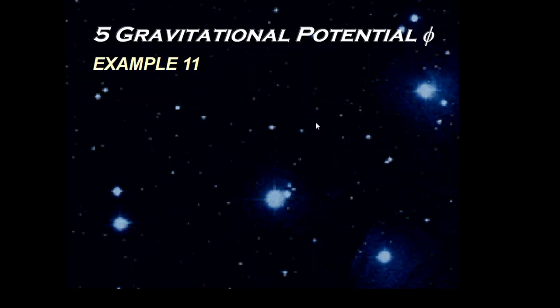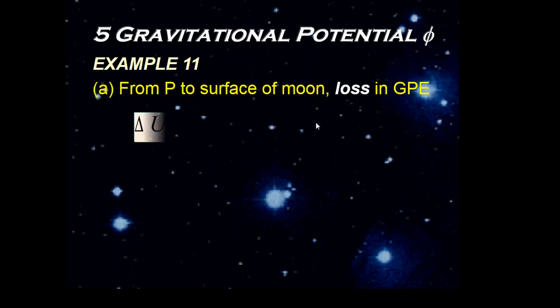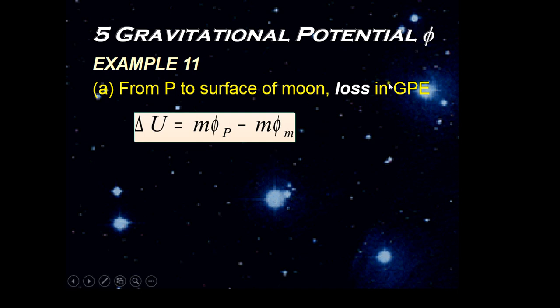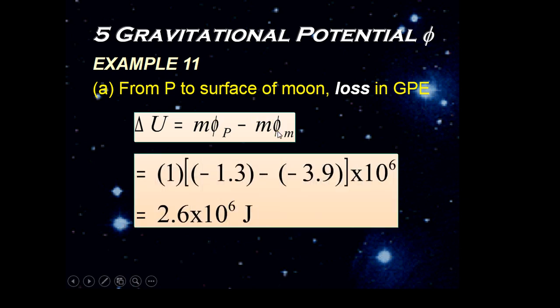Okay. So, part A. The loss in GPE is a change in GPE. It will be the potential energy at point P minus the potential energy at point M. But potential energy is given by mass times the potential. Then you get this. Okay?